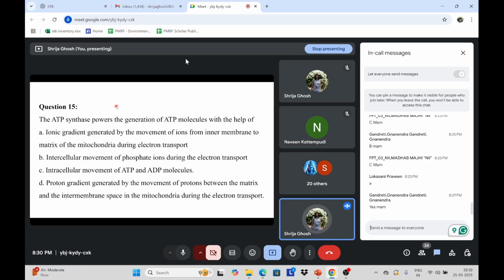This I have discussed. I have told all of you the correct answer in the previous question already. So everybody should be able to answer. I want answers from everyone. Write the answers in the chat box. What is the correct answer here? Come on. This should not take up much time.